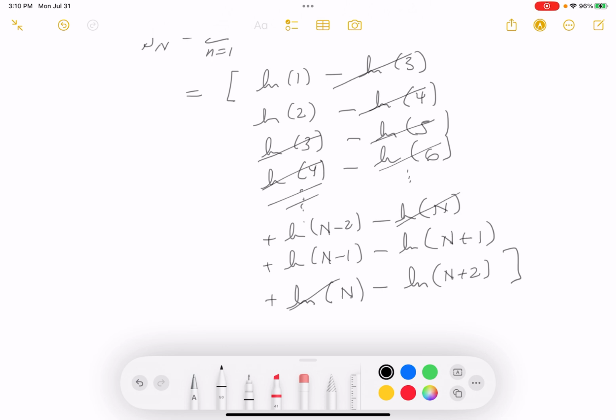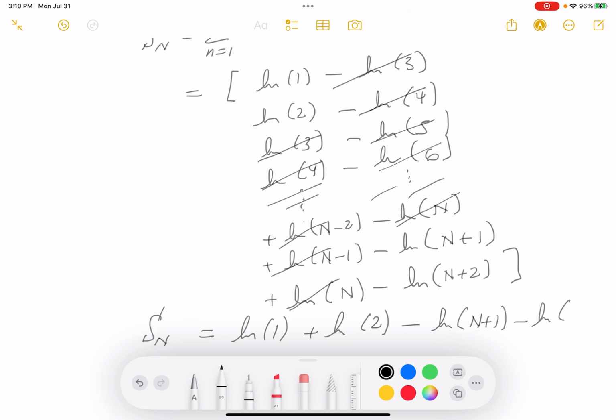All right? And then I'd see this canceling this, and so forth and so on. So if I were to look at that, I would say, oh, the nth partial sum is going to be the natural log of 1 plus the natural log of 2 minus the natural log of n plus 1 minus the natural log of n plus 2.